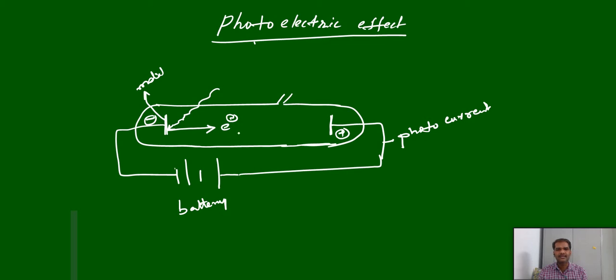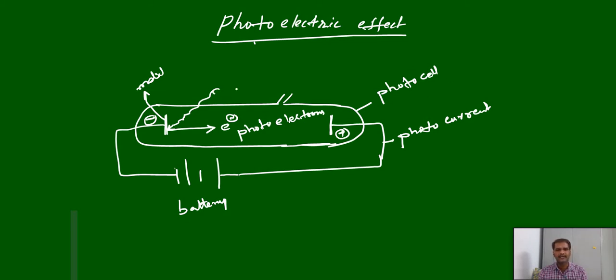And these ejected electrons we can call photoelectrons. Simply, ejected electrons are photoelectrons, and this overall setup is called a photocell.